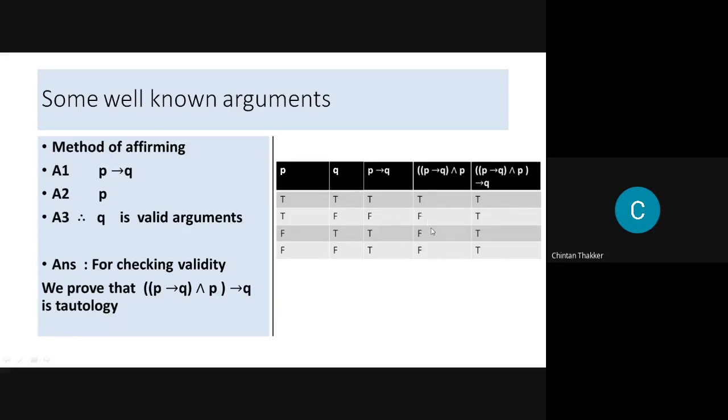In the other three rows the first statement is false, so there is no need to check the second statement. When the first statement is false in a conditional statement, the conditional statement is always true. So we got all four true, and this given argument is a valid argument.